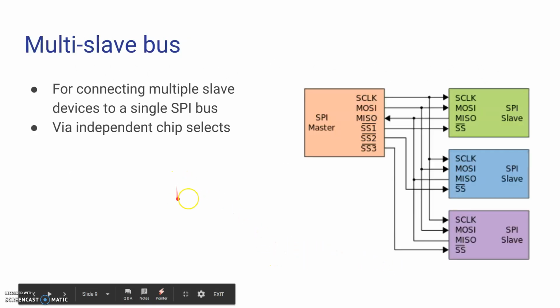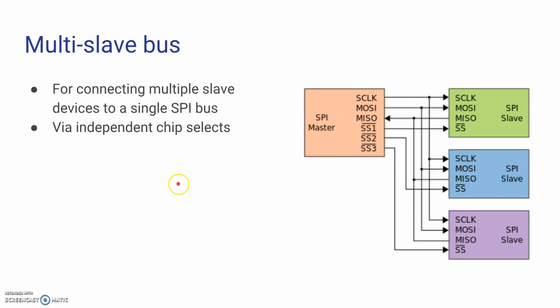One more thing I wanted to talk about is the concept of multi-slave buses. So you can have one SPI bus and multiple slave devices communicating on this SPI bus. And there are a couple topologies for this. The first topology is with independent chip selects. And as you can already tell, that can become cumbersome if you have too many slave devices with multiple chip selects expanding out.